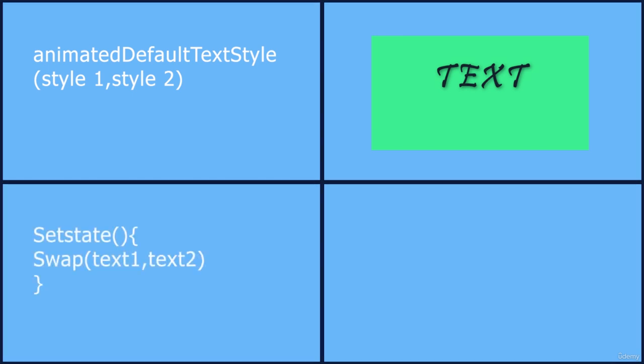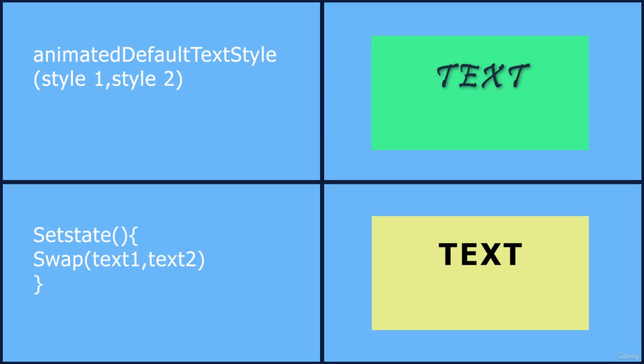Of course, if we just had swapped the text widgets without enclosing them by the animated widget, we wouldn't be able to get this current transition/animation. But remember that we might also do the animation without the animated default text style widget. Instead, we can always create our own custom widget, and it's not hard to do it.